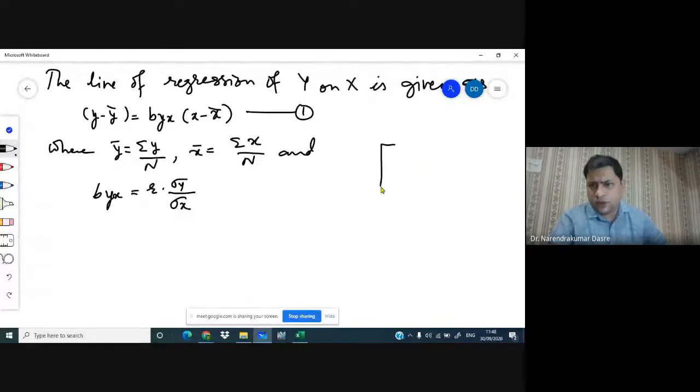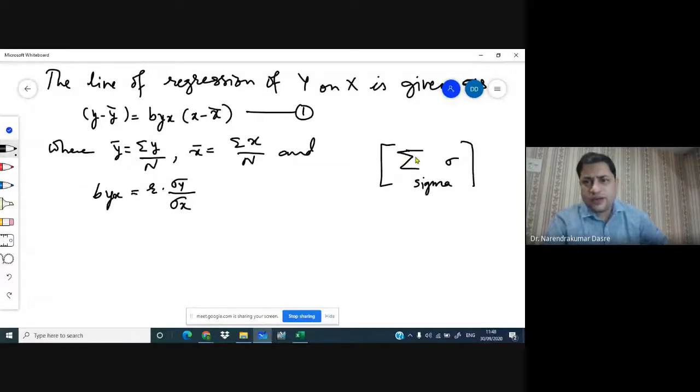This is the capital sigma, and this is the small sigma. The capital sigma we use for summation, and the small sigma we use for standard deviation.